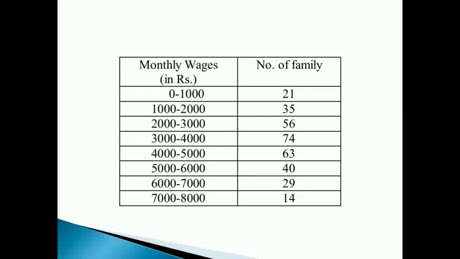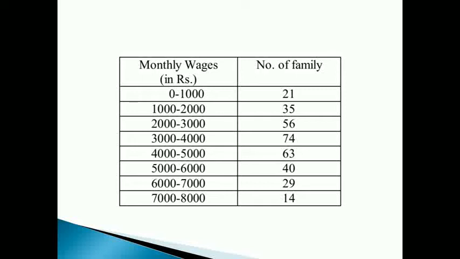So in a particular area, for the first class there are 21 families who have monthly wages between 0 and 1000 rupees. Similarly, there are 35 families who have 1000 to 2000 rupees monthly wages. Similarly, for the third class, 2000 to 3000 rupees, there are 56 families.